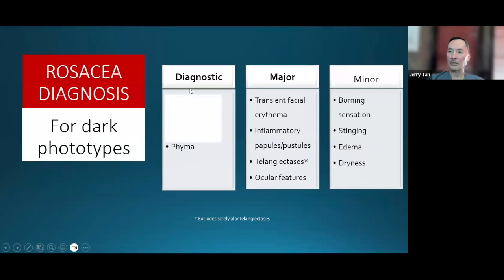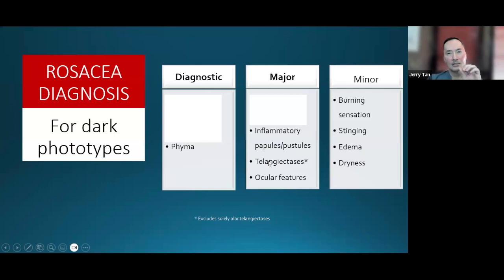So one of the ways to consider how to use the new diagnostic criteria is to remove all the erythema and focus on whether the patient might have phyma as a singular diagnostic criterion or major criteria on the basis of inflammatory pustules, which is what she had, telangiectasias, excluding those that are solely alar.